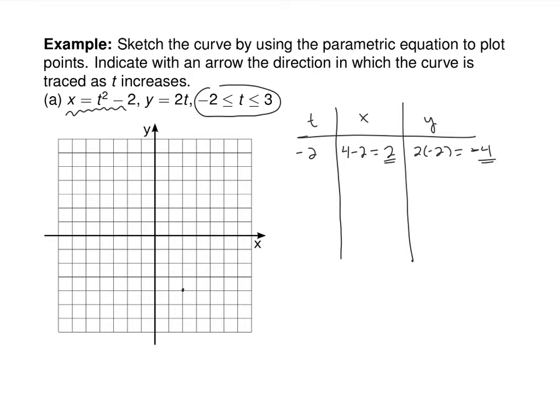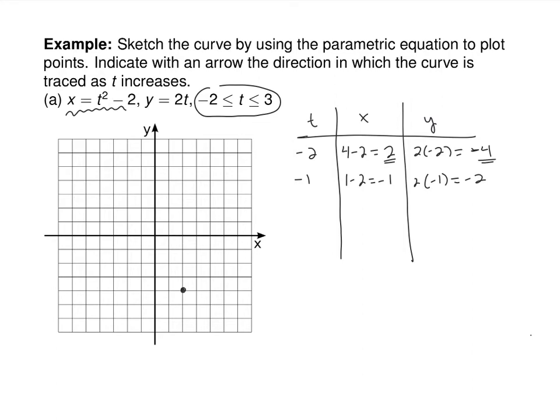Notice that the t-coordinate does not get plotted, it just determines where that point is that we plot. And let's just plug in every whole number up until 3. For t equals -1, x will equal -1 squared is 1, 1 minus 2 is -1, and y will be 2 times -1, which is -2. So our next point is the point -1, -2.